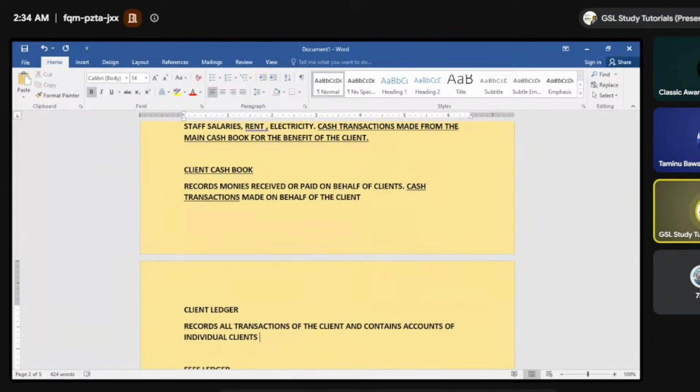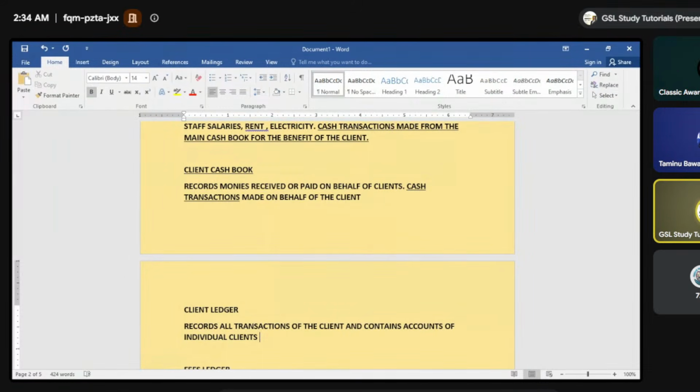Okay. So the bookkeeping entries. They spoke about the transfer. So they said all balances are entered in the books as follows. Balance brought down on the main cash book, debited to the main cash book.